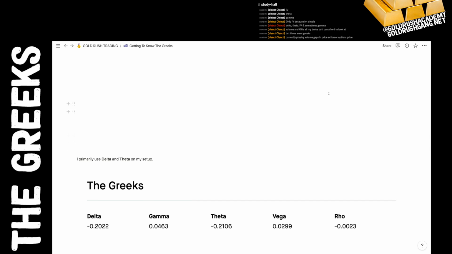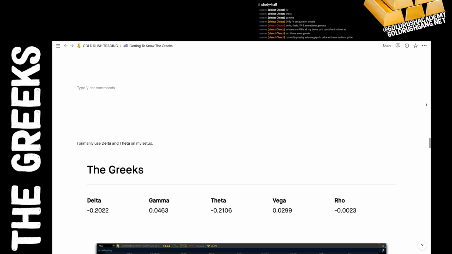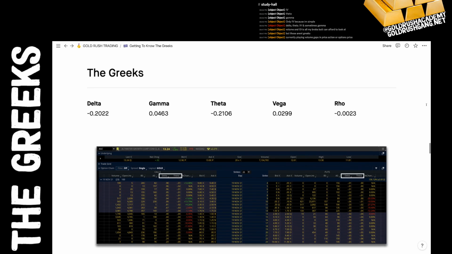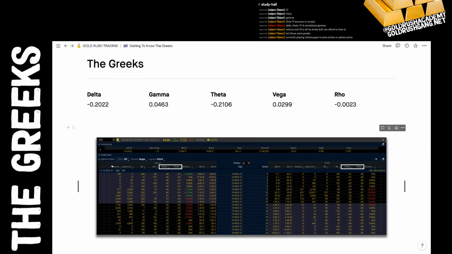So this is what it looks like on Robinhood. If you go to Robinhood's website and you log in, you have delta, gamma, theta, vega, rho. And again, my setup is just this. This is probably too small for you guys to see, so I'll go ahead and read it. It's the volume column, the open interest column, the bid size and ask size, which is increasingly unimportant to me nowadays.